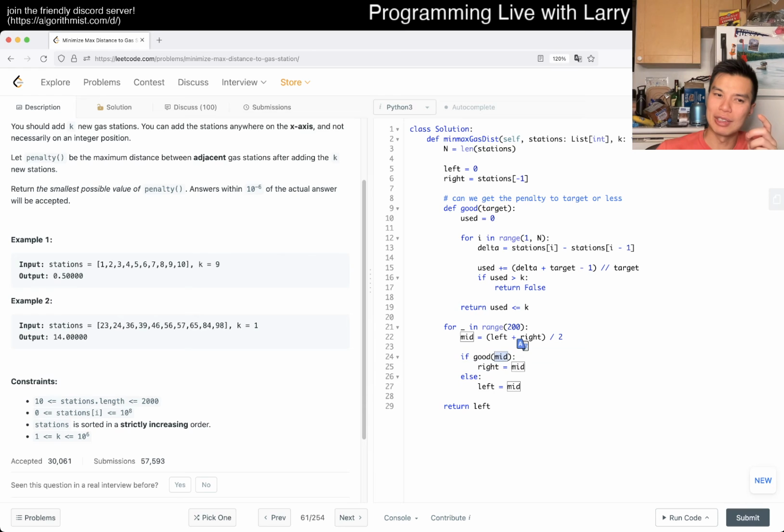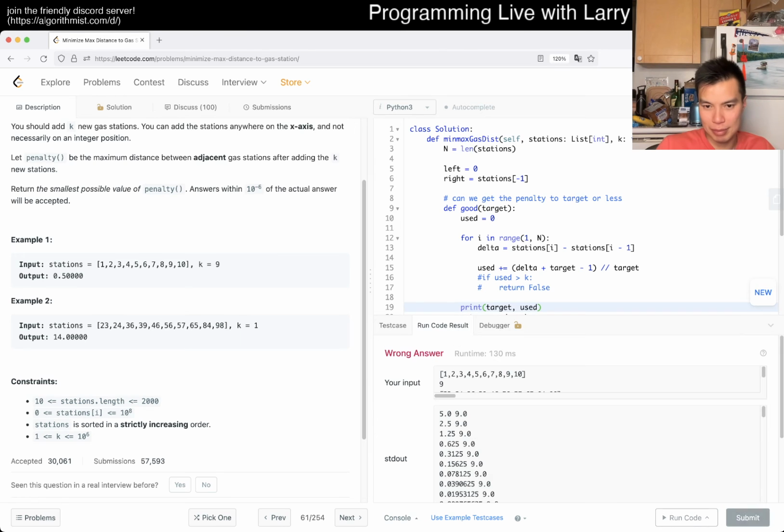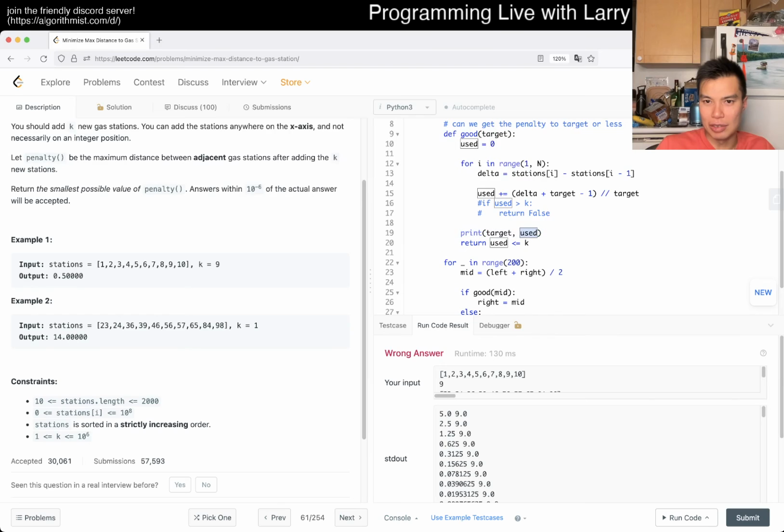If mid is good, then we want to try a smaller penalty. No, that's good. So, I mean, this is the only thing that should be this, right? All right, let's just print that. Let's comment this out so that we can print target, used, right? So 5, we use this.